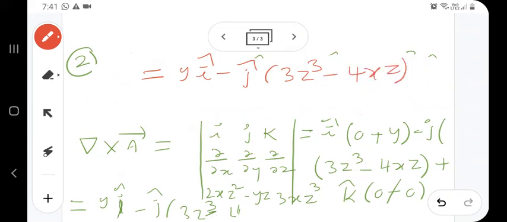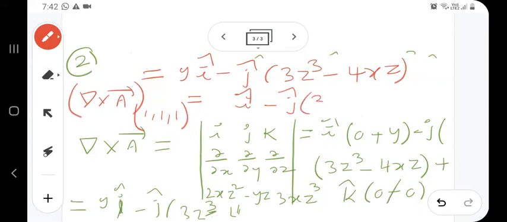Now substitute the point (1, 1, 1): x equals 1, y equals 1, z equals 1. What do you get? I cap minus j cap into 3 minus 4, which equals I cap plus j cap, since minus into minus gets plus. The answer: del bar cross a bar at the point (1, 1, 1) equals I cap plus j cap.